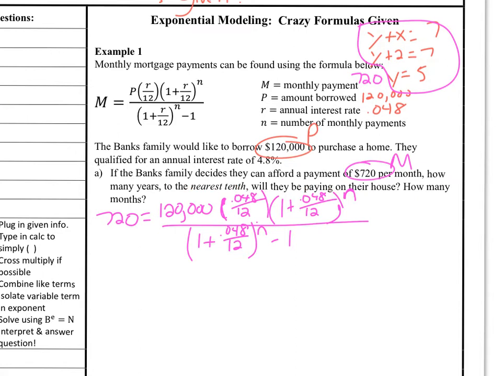So I have 720 equals, now when I multiply 120 into all of this right here, I get 480. And the decimal that I get when I figure out what 1 plus 0.048 over 12, which happens to be the exact same decimal for here, thank goodness, is 1.004.